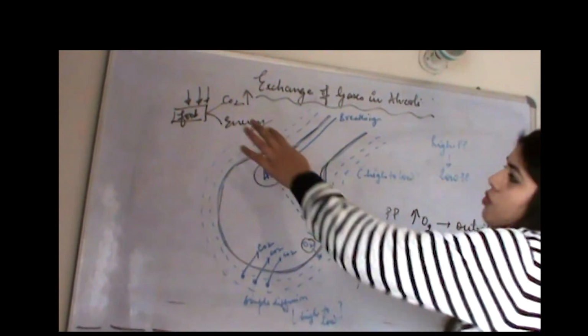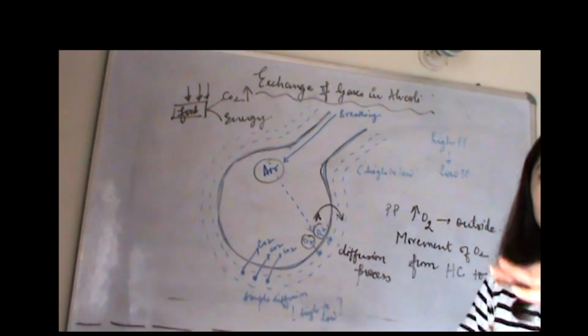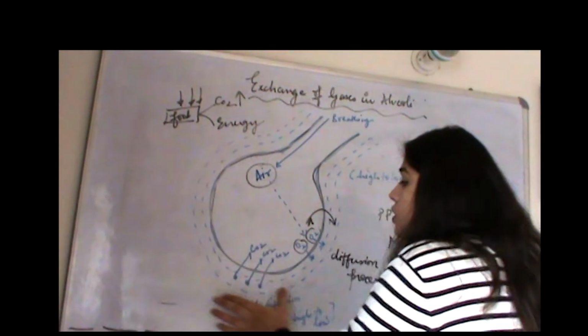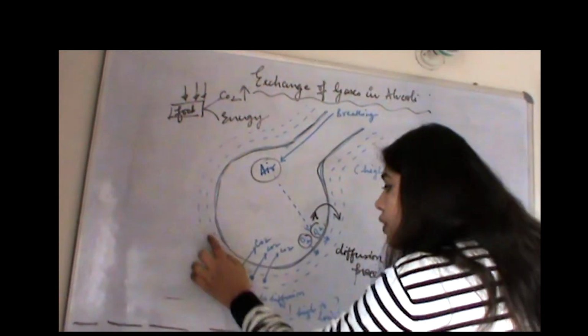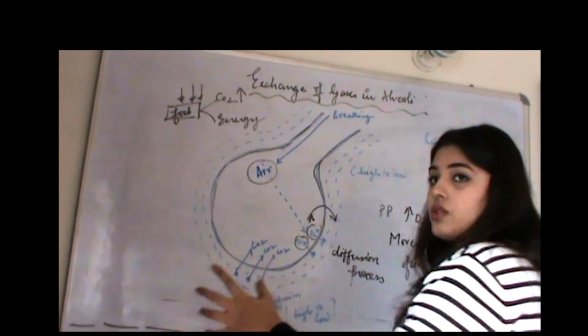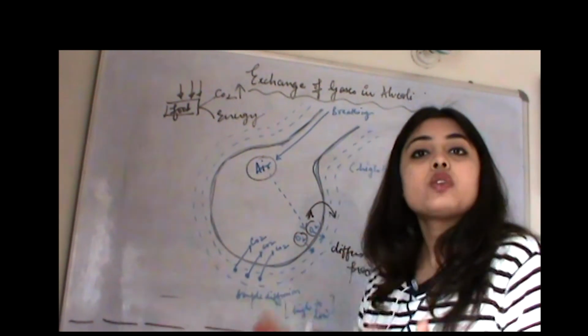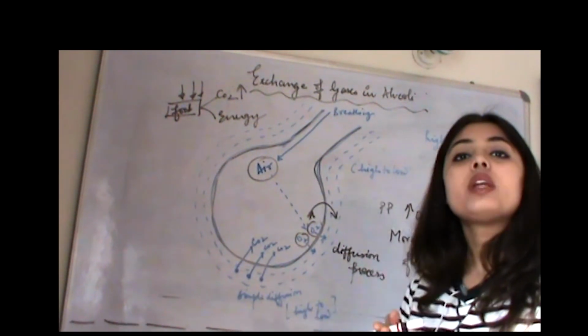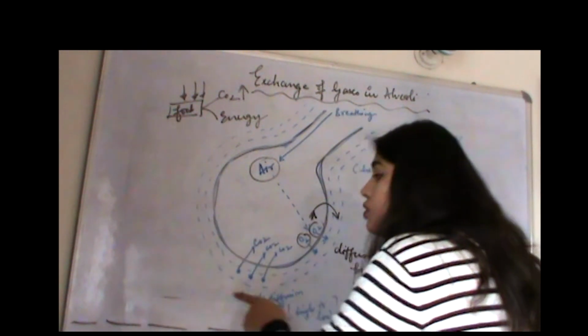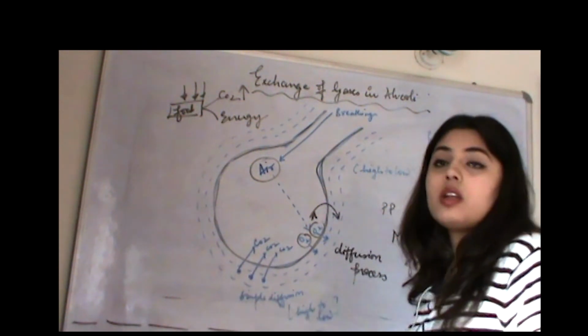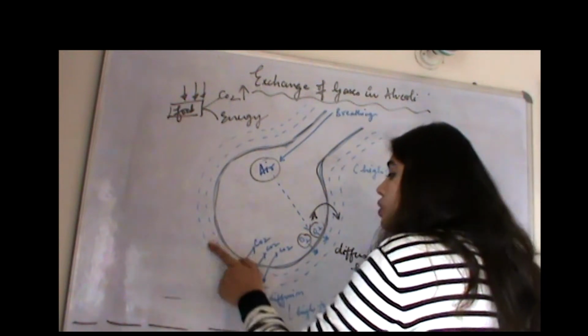As the CO2 concentration keeps increasing, what will happen? The CO2 will move from the blood capillaries, from high to low concentration. As the amount builds up, the partial pressure of CO2 builds up inside your body, so this CO2 needs to be eliminated. It will be eliminated through the blood capillaries.